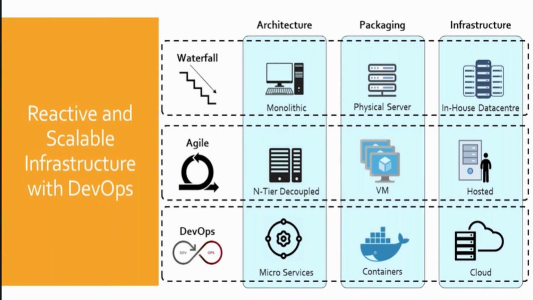The moment you say DevOps, I will start thinking of microservices. Microservices are small components which can independently work as one unit. Let me give you an example: Uber. You might have used Uber to book a cab to travel from one place to another.